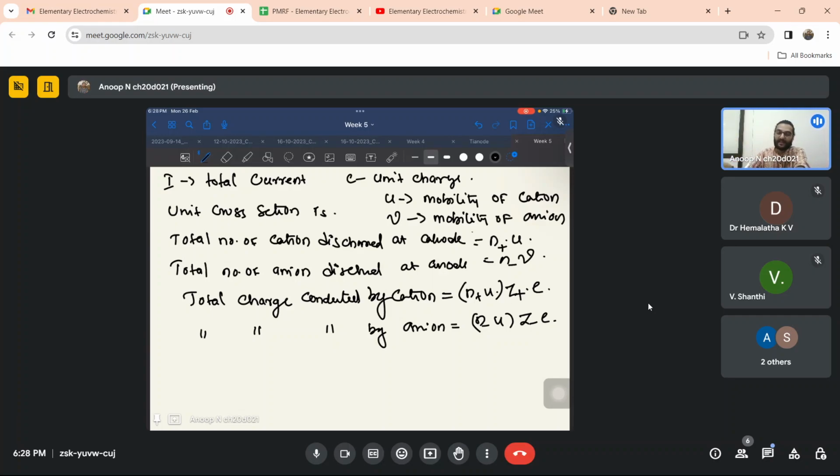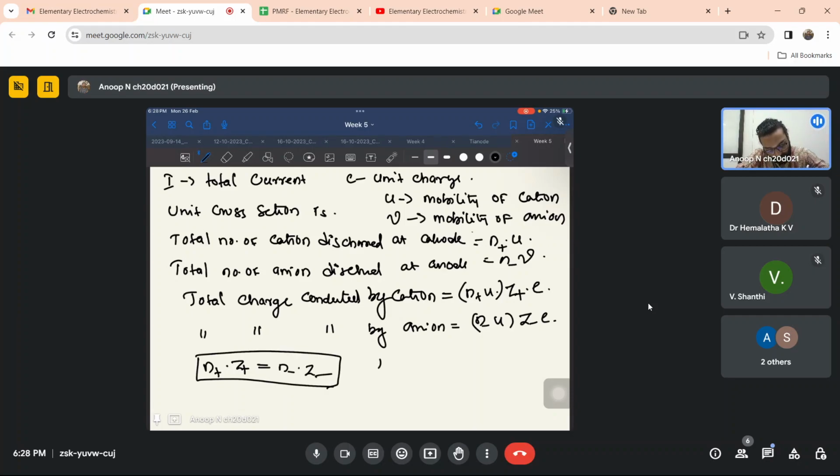For that, the total charge discharged at the cathode should be equal to the total charge discharged at the anode. So we can apply that n plus Z plus should be equal to n minus Z minus.